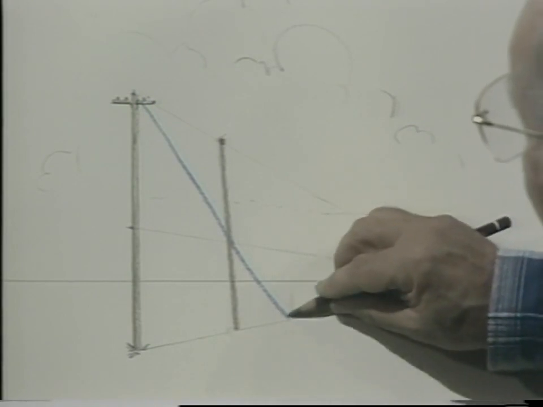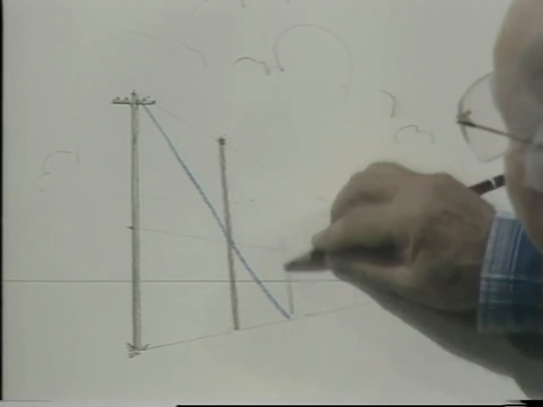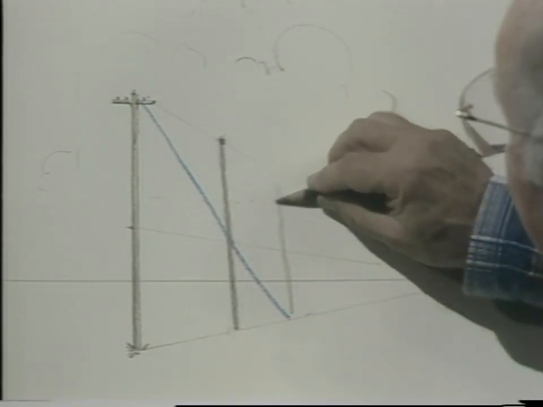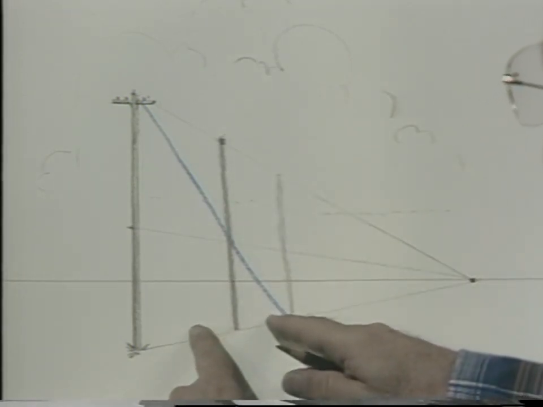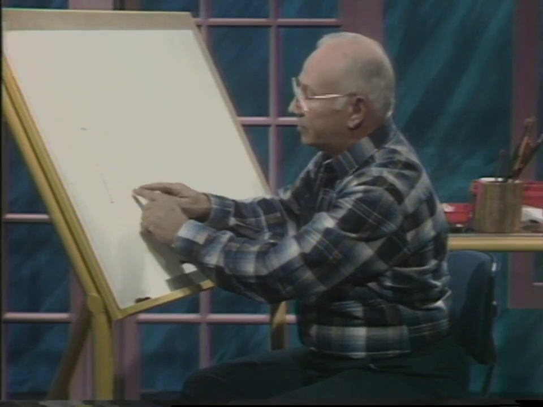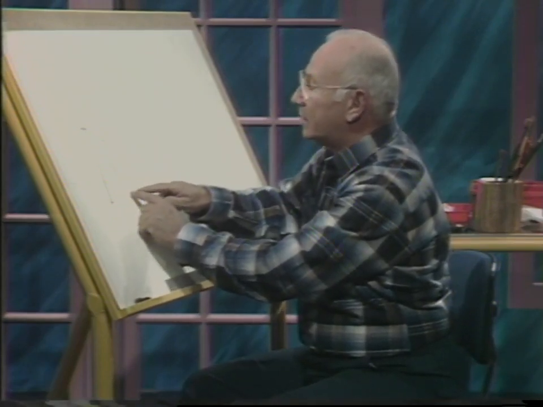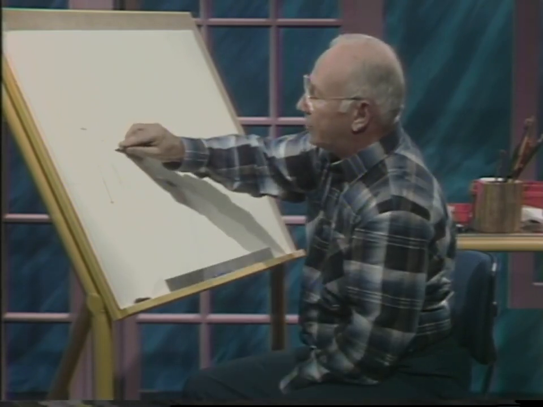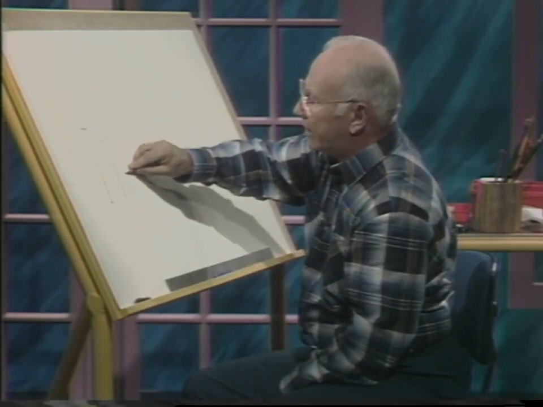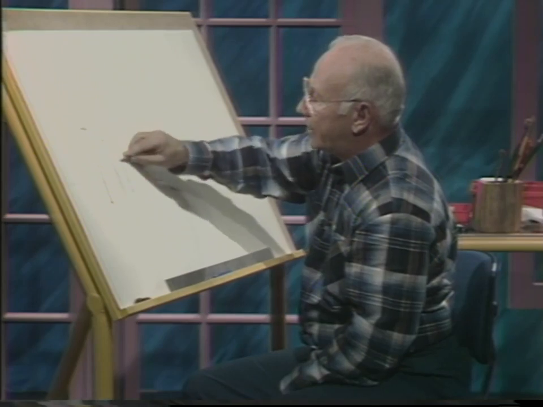So the next telephone pole then would be drawn from here up. If we want to keep the spacing equal, it'll be shorter. But if all these are equal, then in perspective, the spacing will diminish using this system. And it's very easy. So here we have it.